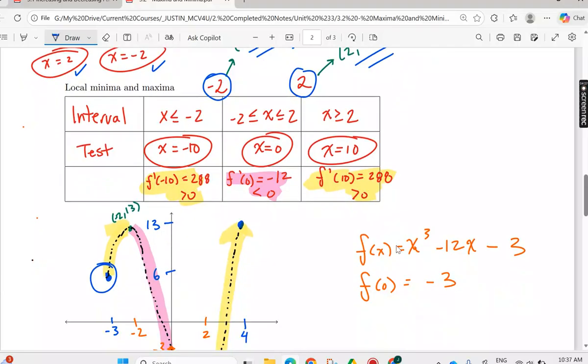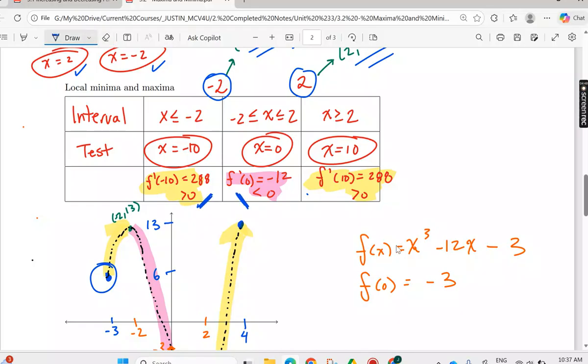And then we did our test values to find that it is increasing, decreasing, increasing. Sorry, my battery's about to die, so I'm trying to rush through this.